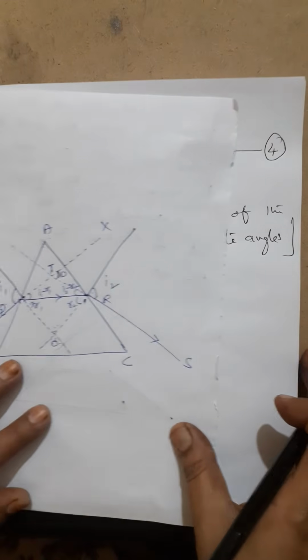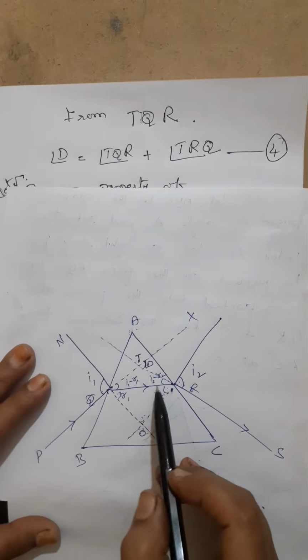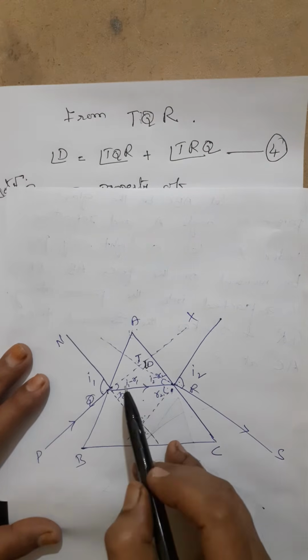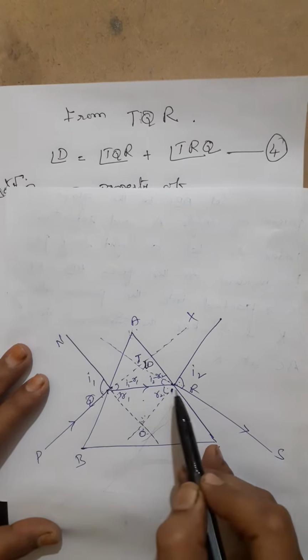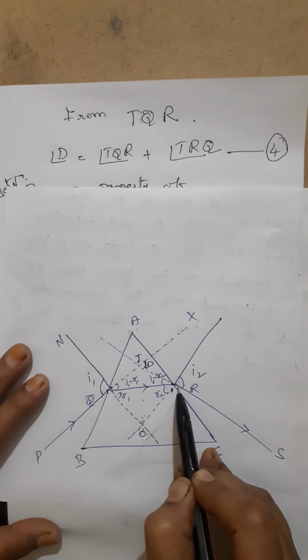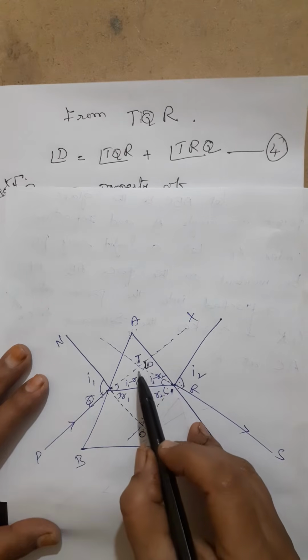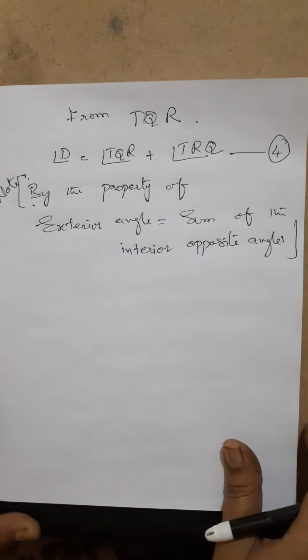Here we have considered D. What is this D value? Angle of deviation D is equal to TQR plus TRQ. So this is one of the properties.